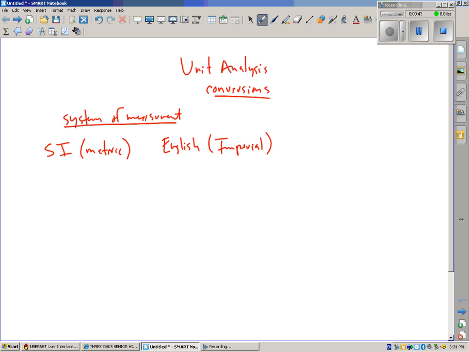Why we measure is because we want to have a number for some type of size of something. You could measure mass in kilograms; in English, some people might say pounds.